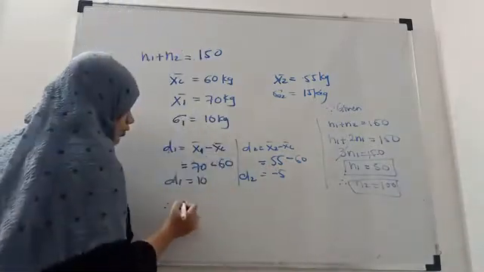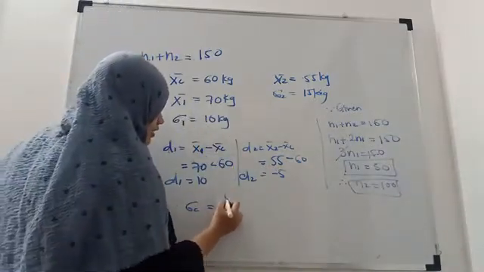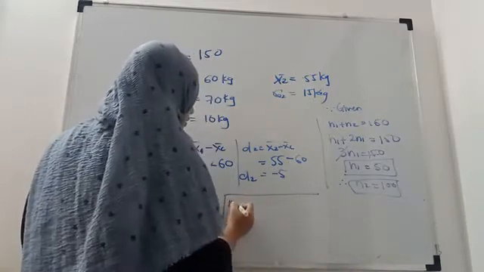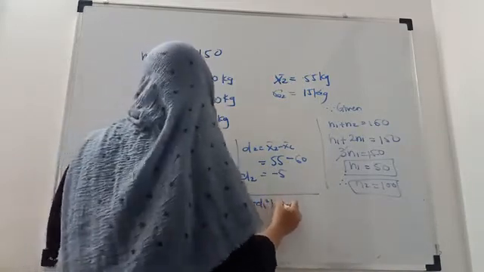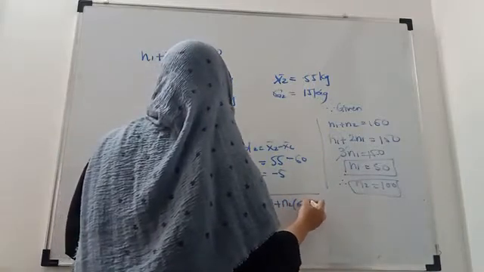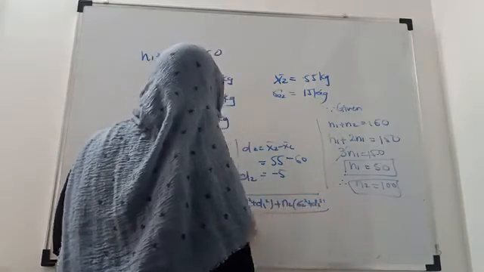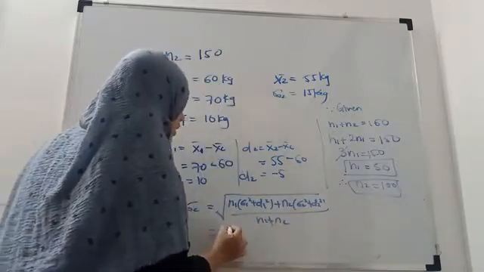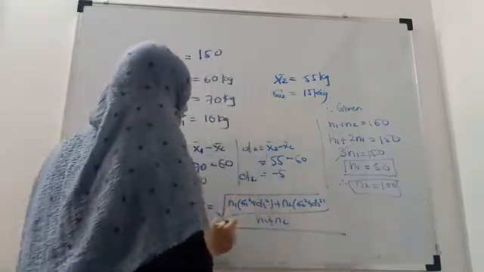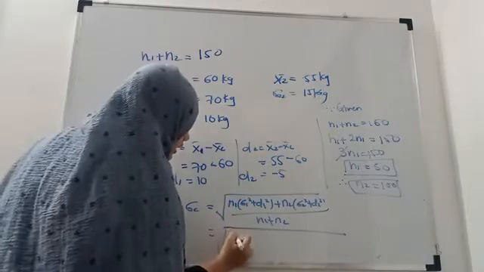Therefore, the formula for the combined standard deviation is n1 times sigma 1 square plus d1 square, plus n2 times sigma 2 square plus d2 square, divided by n1 plus n2. n1 is equal to how much? 50.